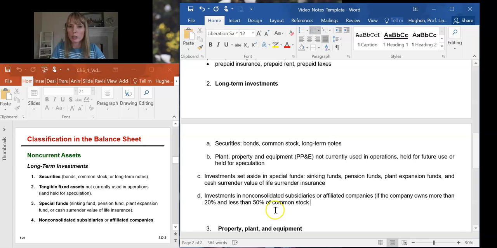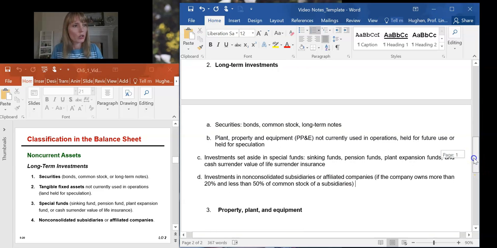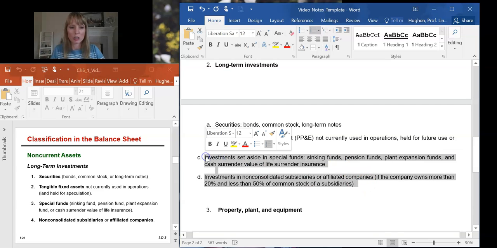If it owns less than 20%, it would just be listed as a common stock investment, the regular type. And if it owns between 20 and 50%, then it shows it in the line called investment in non-consolidated subsidiaries. And of course, if it owns more than 50%, then it consolidates all of the financials. Those are the four long-term investment categories.